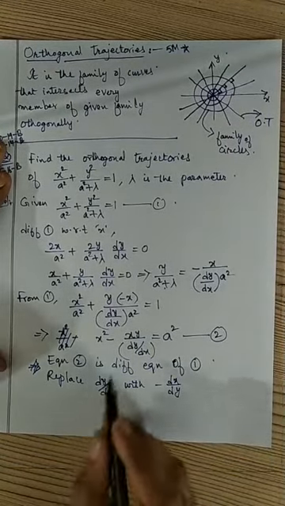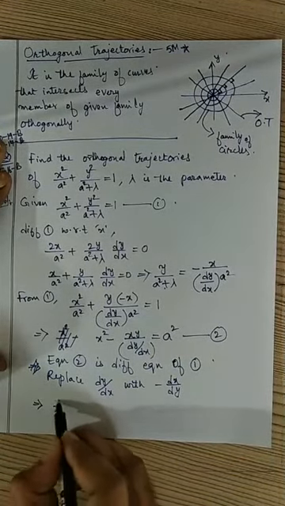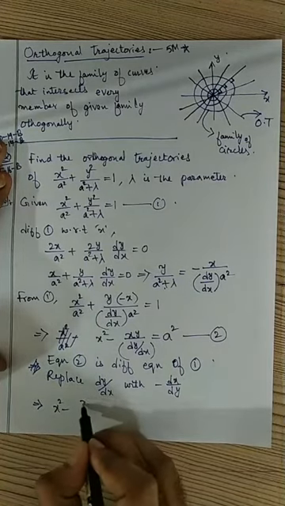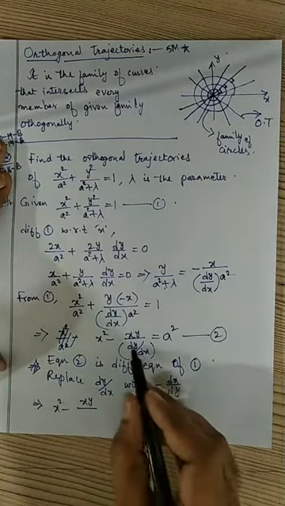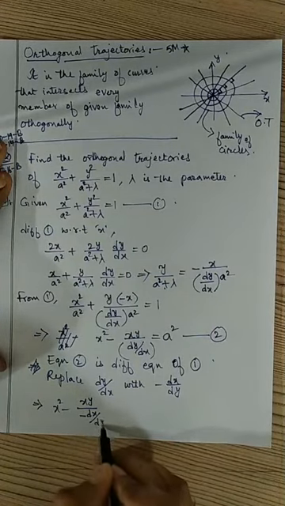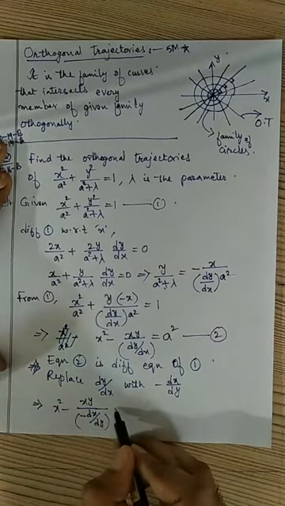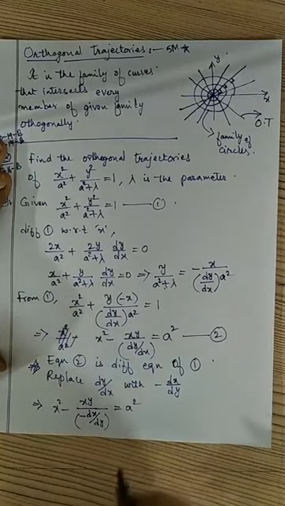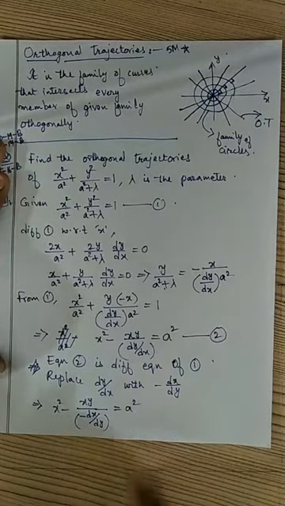Then what will happen? This implies x square minus xy by dy by dx can be replaced with minus dx by dy. This is equal to a square. Now this minus minus will become plus.